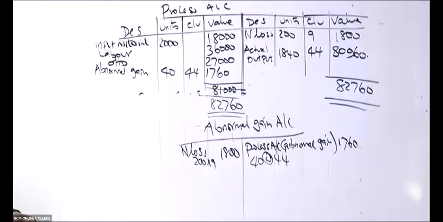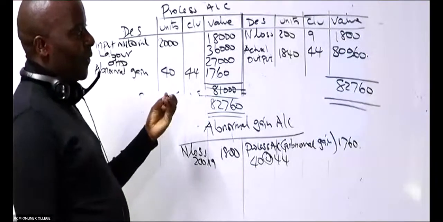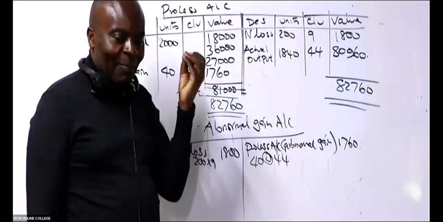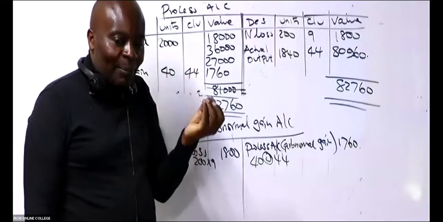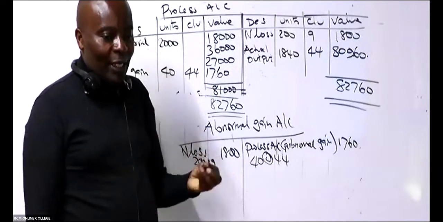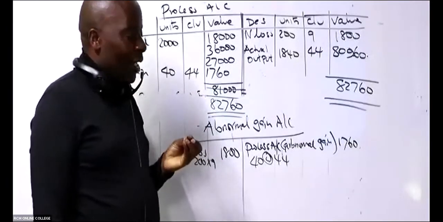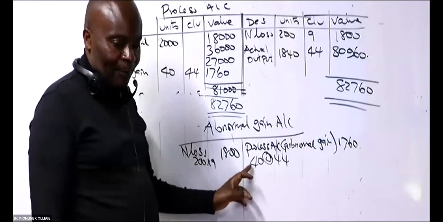Now, ladies and gentlemen, you have to be a very, very bright student. You see, we expected to lose how many units? We expected to lose 200 units. But something miraculous has happened. We've been able to save through an abnormal gain. How many units here? 40.